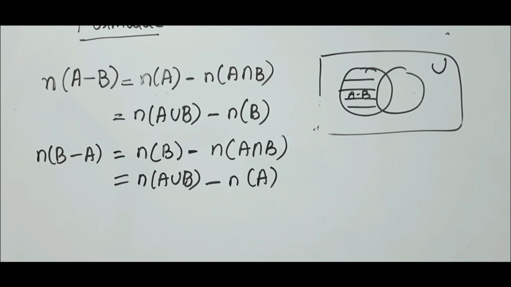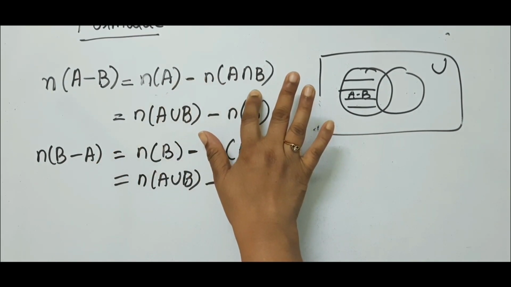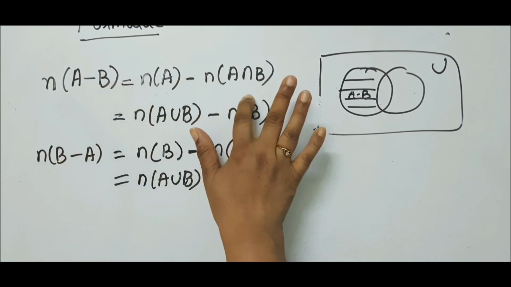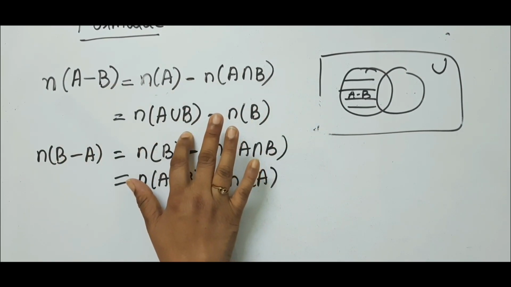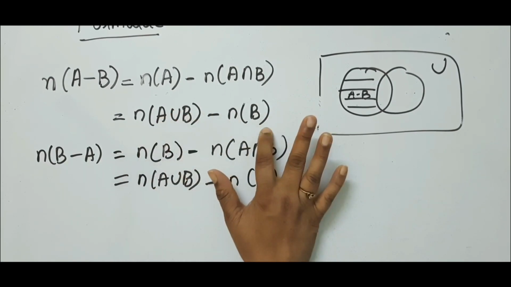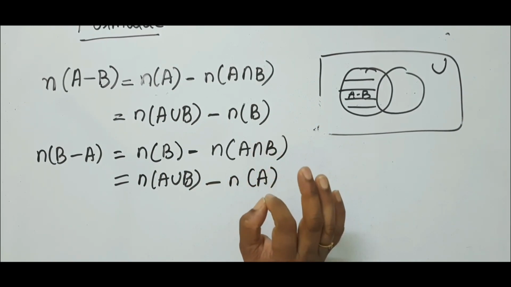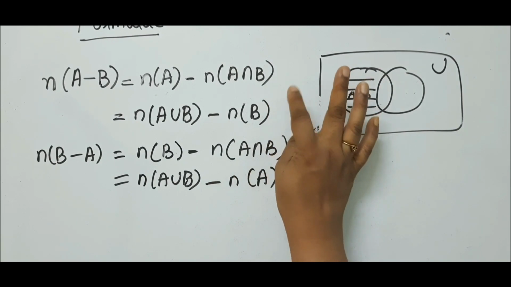Is it not? In case of problems on sets. So if they give the number of elements of A and the number of elements of A intersection B, then use this formula. If they give the union of the sets and the number of elements in the second set, then use this formula. Is it clear? If it is in set format, you can easily write. If they give the number of elements, use this. Remember these two formulae.